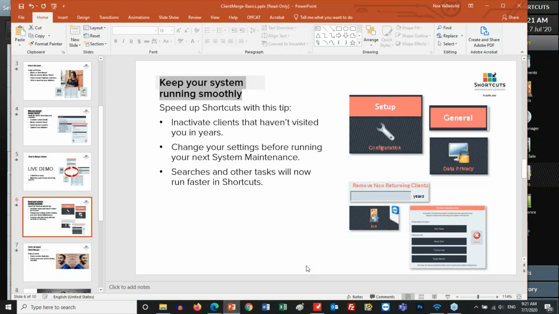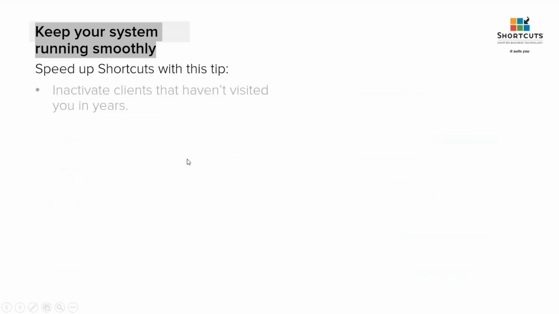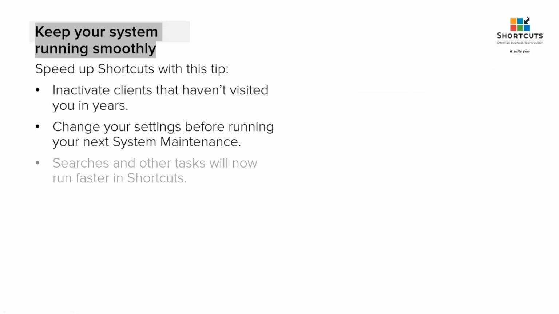So being diligent, repeating the process every day, that's going to help speed up your database. But there are a few other things that you can do. You probably have clients that haven't visited you in a few years. You don't necessarily need their information in your database, slowing down your searches. So you can actually inactivate those clients.